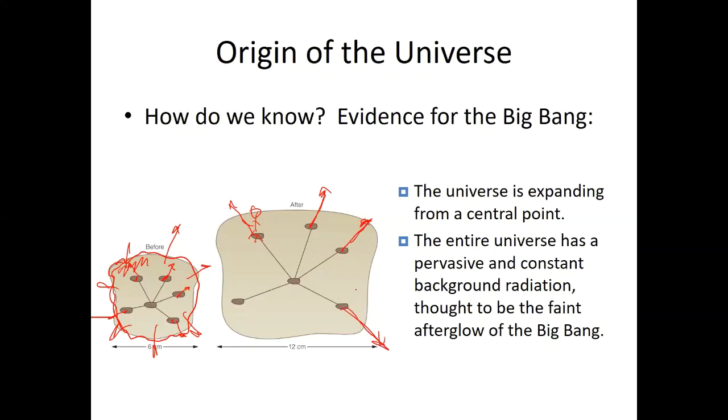So Edwin Hubble predicted that we would make this observation, that the further a galaxy is from our own Milky Way galaxy, the faster it will be traveling away from us. So that was his hypothesis that would, if proven, help support this Big Bang hypothesis.